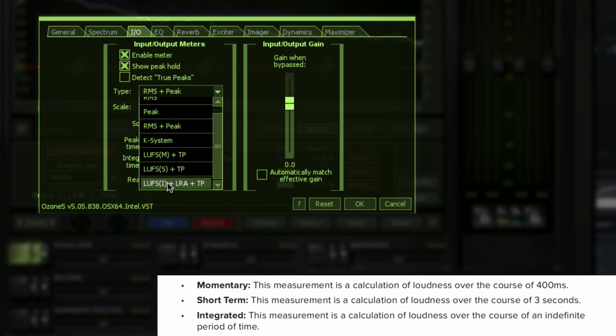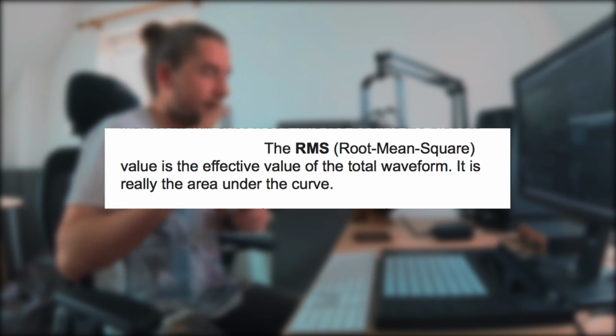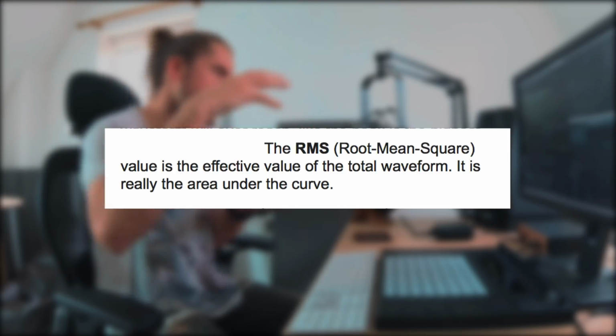I can see why, unless you've read the manual or are really into these nerdy details like me, you wouldn't know what all this means. But it's built in, and remember, it's more important than RMS. RMS is a measure, really loosely speaking, of average level. It's a really technical physics definition, which is extremely unhelpful, in fact, but it's kind of like how thick the track is. That's another way of looking at it.